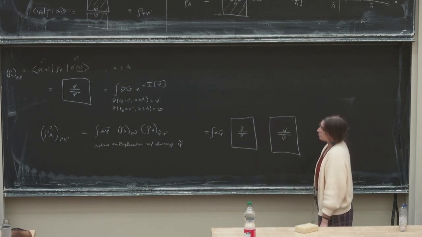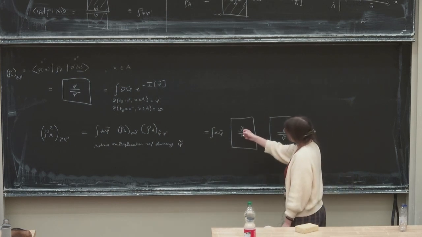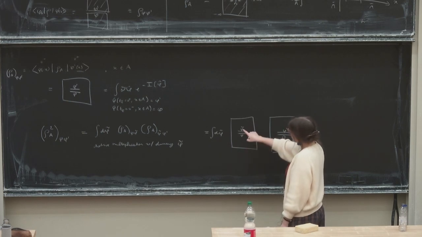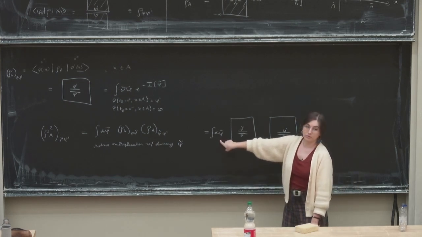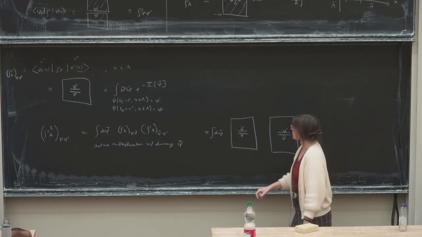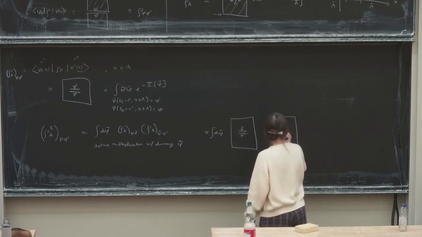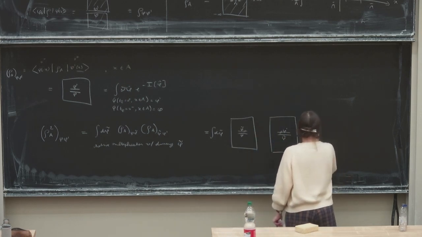So you see that what I'm doing is again this gluing operation. I'm filling in the boundary conditions here and here. I'm imposing those field configurations to be identical, phi tilde and phi tilde, and then I'm integrating over all possible such phi tildes. So this is again this gluing operation. And okay.